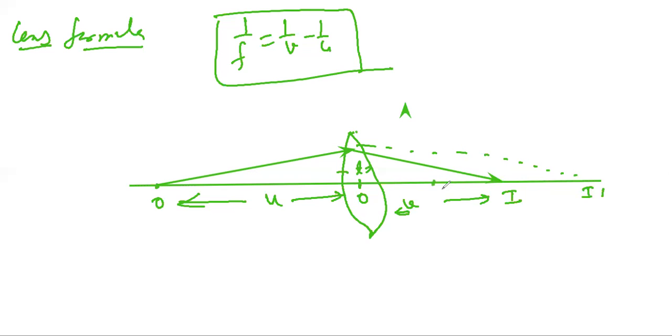This is C1, the center of curvature, and here C2 is the center of curvature. So join it like this, and join with C2 also. The diagram is complete. Refractive index of this is N1, this material is N2, and again this is N1.